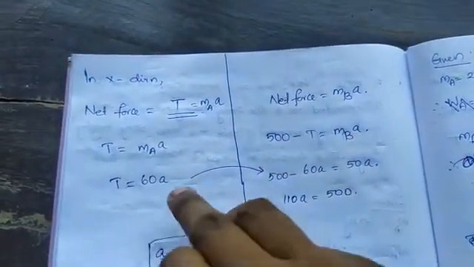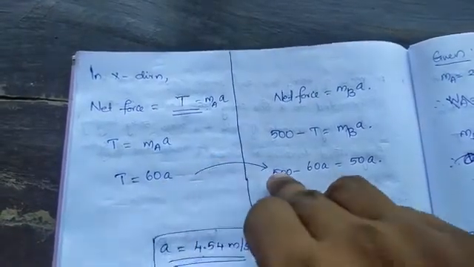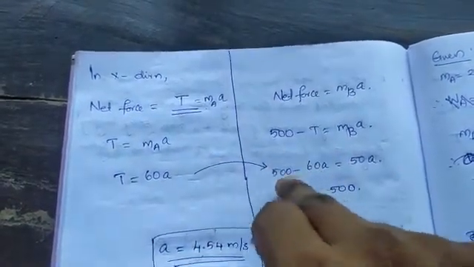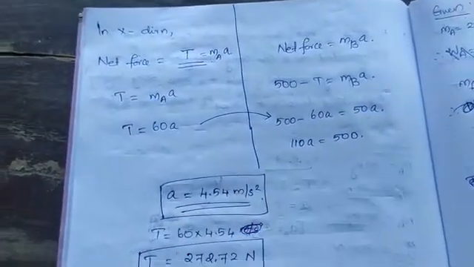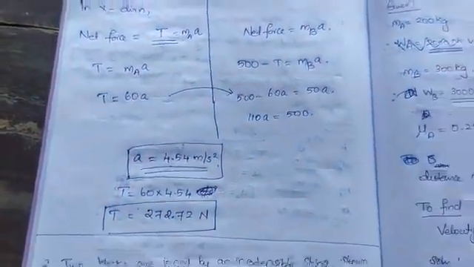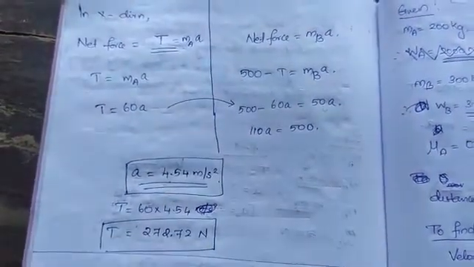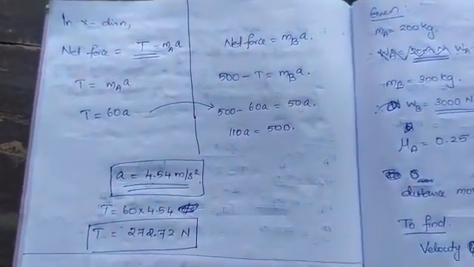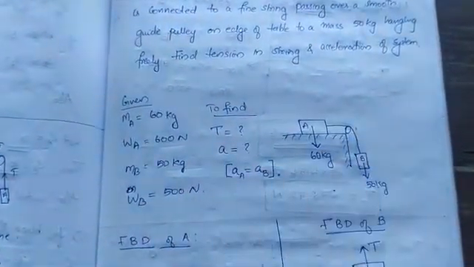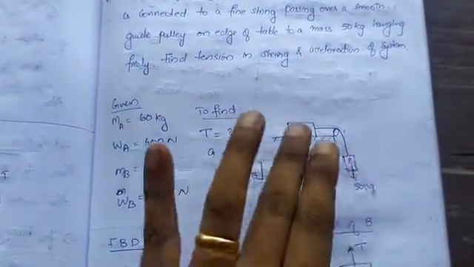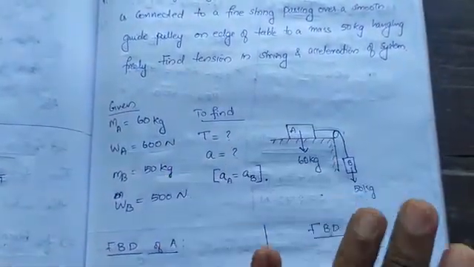T is equal to 60a, and you substitute this value in this equation: 500 minus 60a equals 50a. 110a equals 500, so acceleration is equal to 4.54. From there you can find the tension. So it's a simple problem. You just need to draw the free body diagrams and analyze in which direction each body moves.